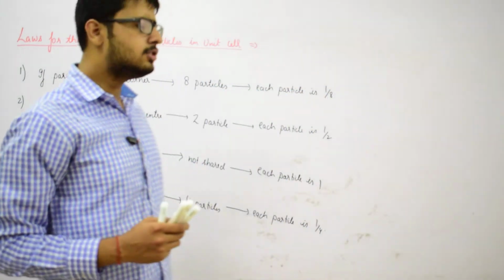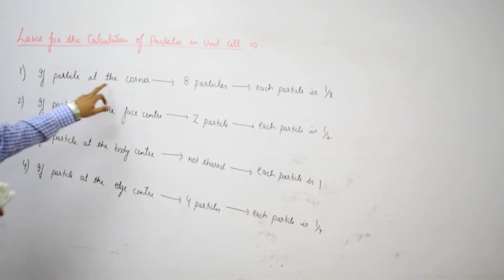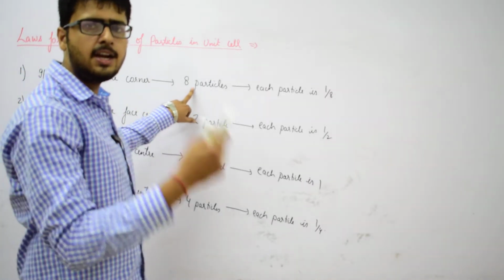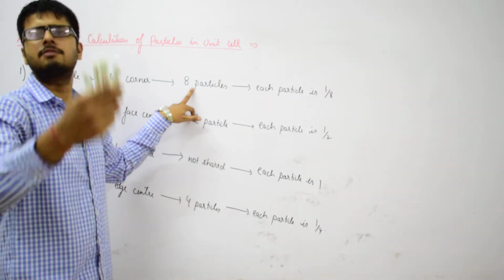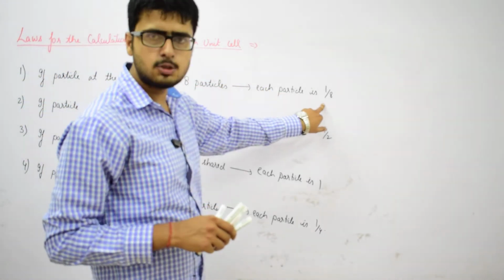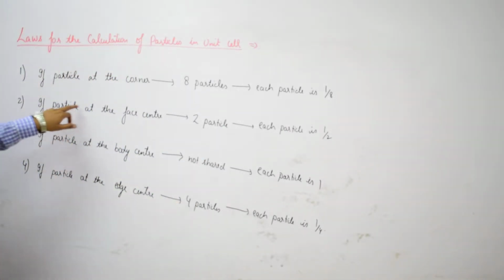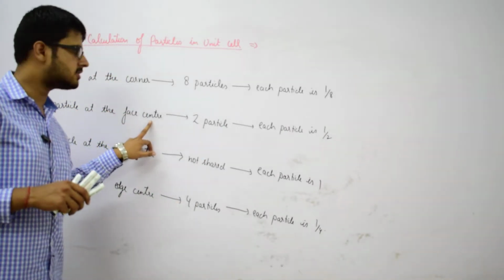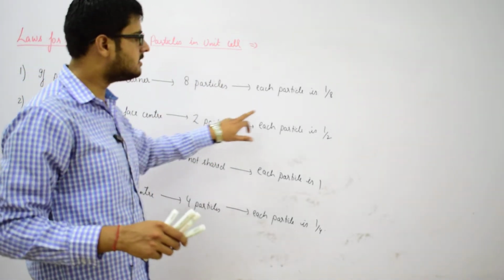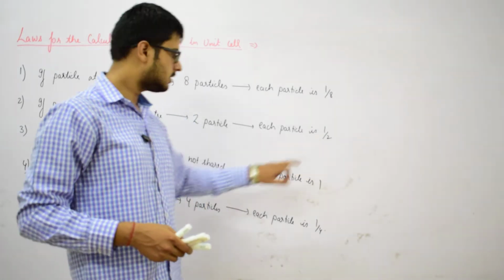So, there are 4 rules for the calculation of particles. The first rule is, if the particle is present at the corner of unit cell, then it is shared by 8 other particles of the same or different unit cells, and hence the contribution of each particle is 1 by 8. Next, if the particle is present at the face center of the unit cell, then it is shared by 2 other particles and hence the contribution of each particle is 1 by 2.